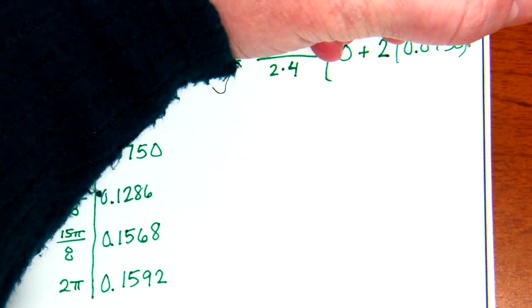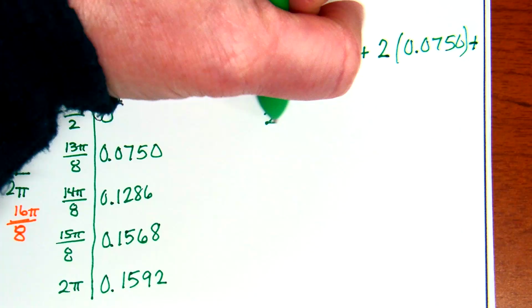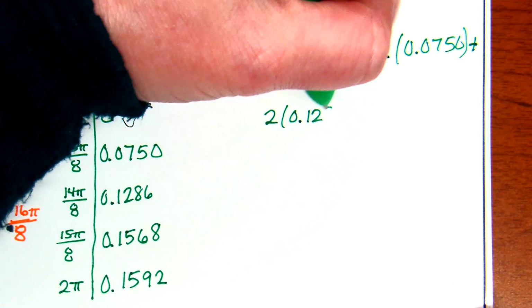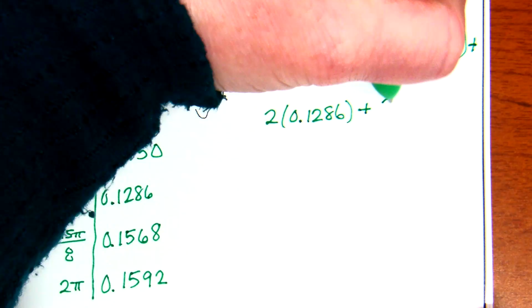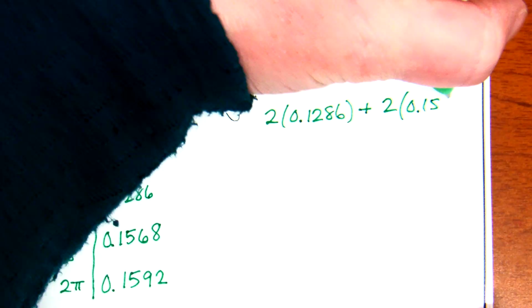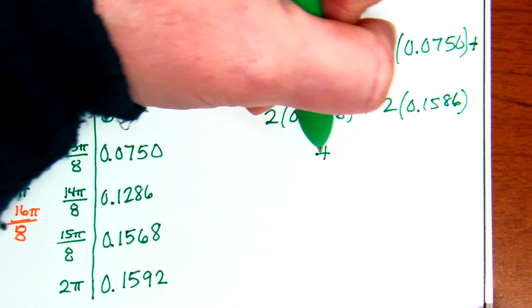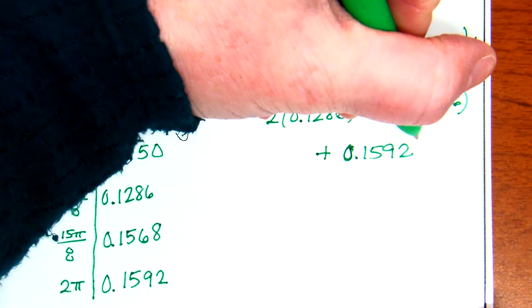Wait, shouldn't that be 6.8 instead of 8.6? Oh, yeah. 6.886. I got a little dyslexic along the way. I would love to say that's the worst mistake I make today. I'm doing well, but I already made a worse mistake than that one, so.